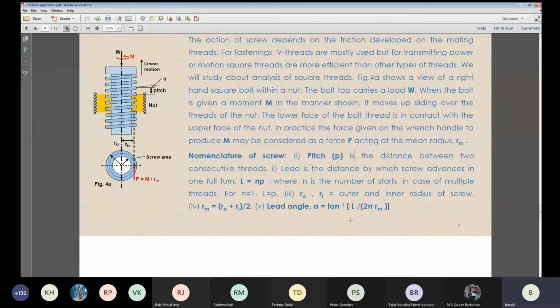These pieces of the threads are not continuous. It is cut, and not only that, it is not a single one. If you find one thread, a little above there is another thread, probably no more than 2 threads. So lead is pitch times n, where n is the number of starts. That means what is one start?